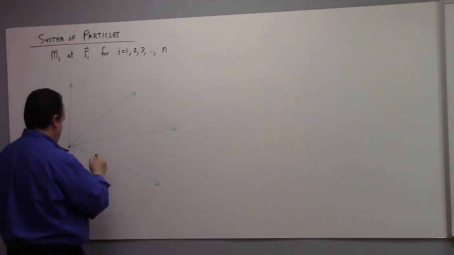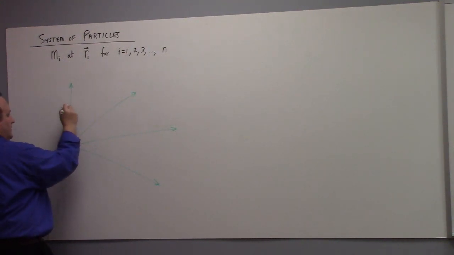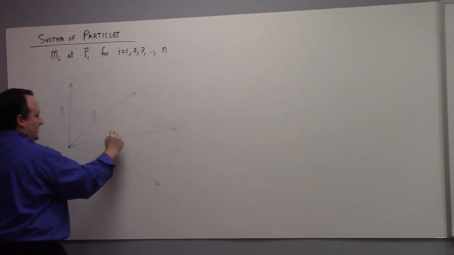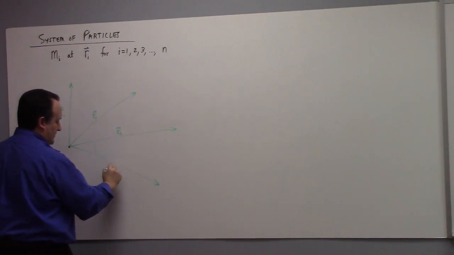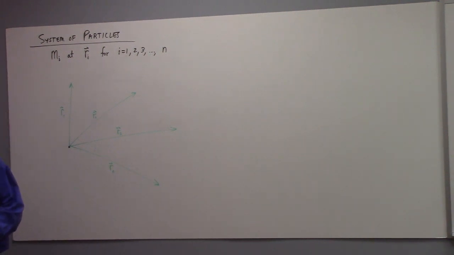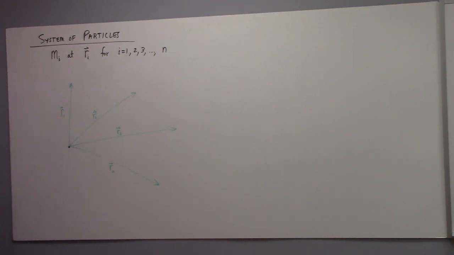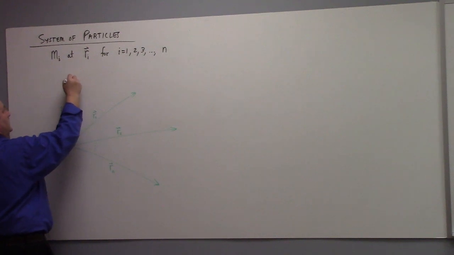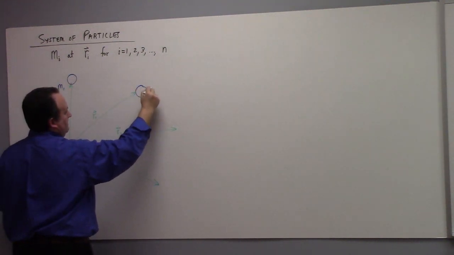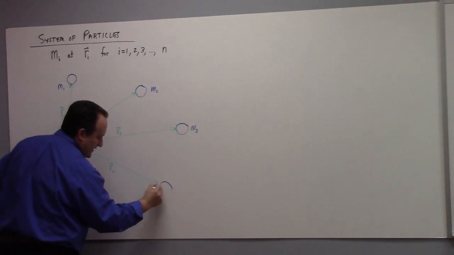This is going to be r1. Here's the position vector r2, here's the position vector r3, here's the position vector rn. So you've got mass 1 out here, mass 2 is here, mass 3 is here, and here's the nth mass down here.